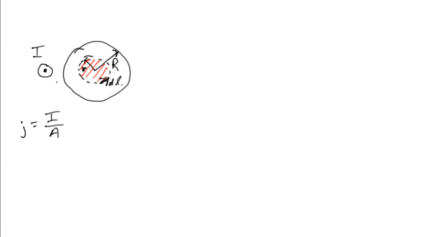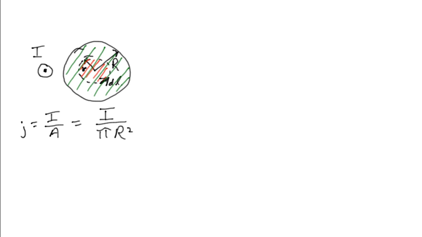So I'm talking about this area, since I'm using all the current. The current per area is going to be the total current divided by the total area, because they said it was uniform across the entire cross section. So that's I, which is one of the givens in the function, divided by pi capital R squared.